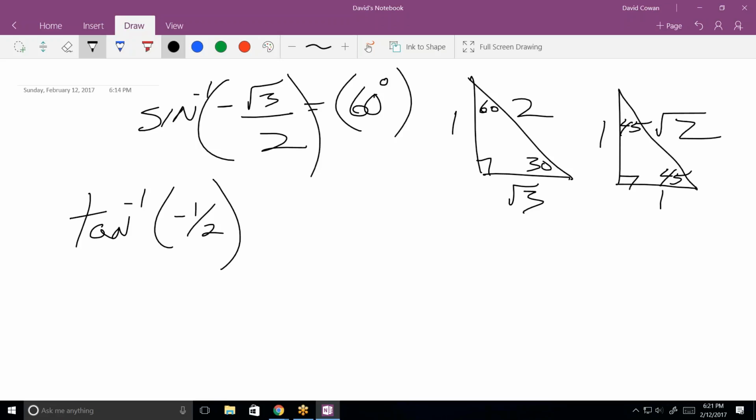In other words, notice that nowhere on here is the tangent of any of these three angles 1/2. So that's an odd one. You have to use your calculator for that. And the answer you're going to get is going to be a negative angle, in the fourth quadrant. What is it?